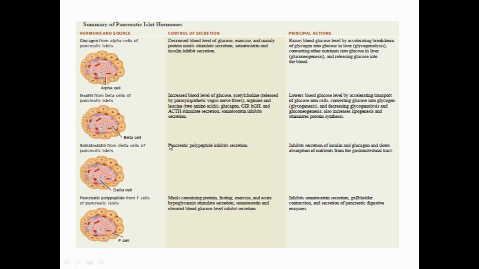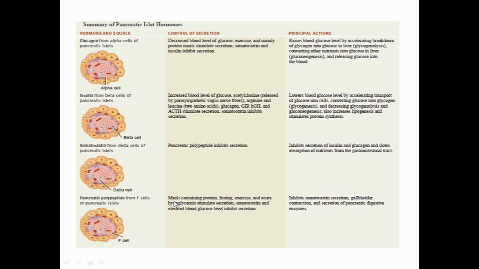So what does pancreatic polypeptide do? It inhibits the secretion. When the insulin action goes high, the delta cells will secrete somatostatin so that it will inhibit the insulin and glucagon action, whereas somatostatin is inhibited by pancreatic polypeptide secreted from F cells.